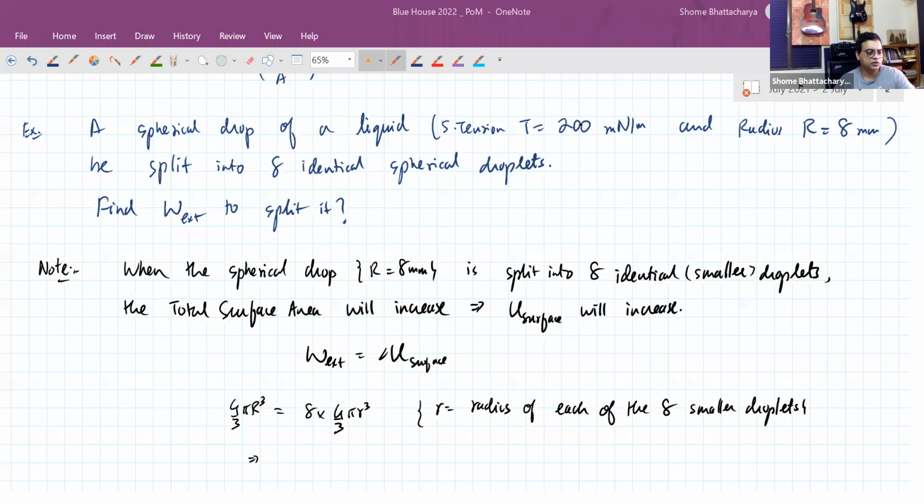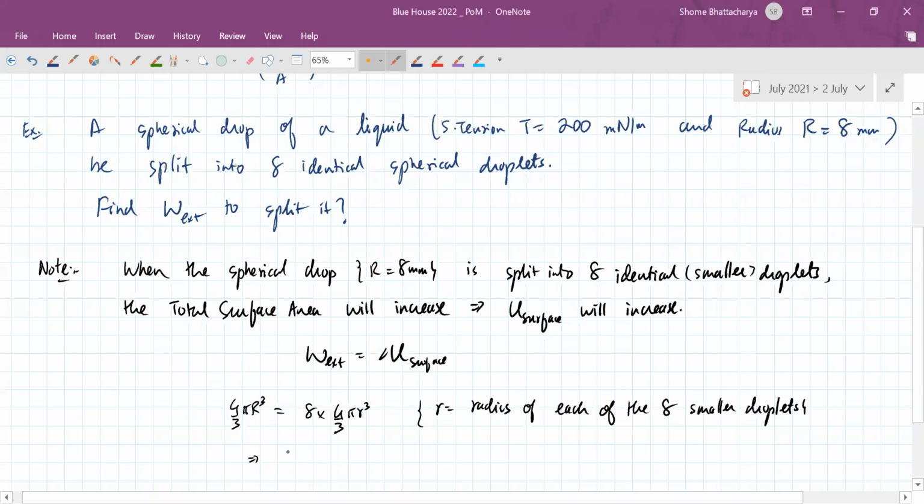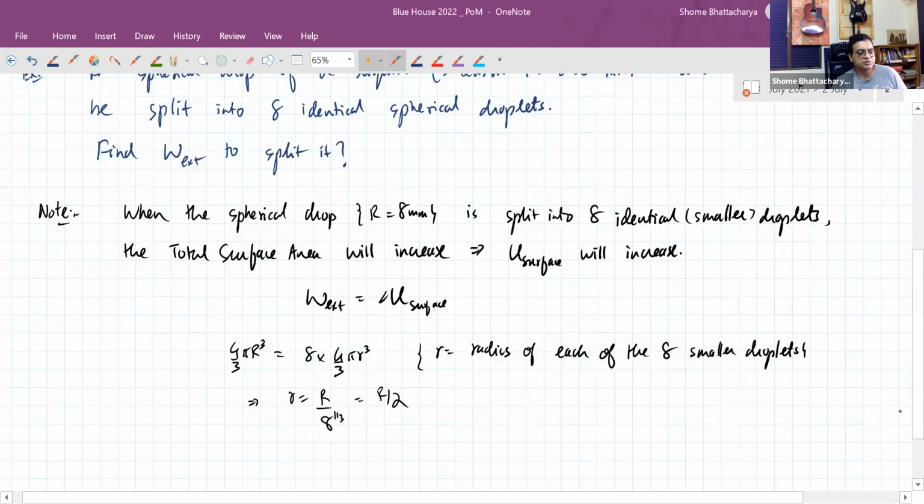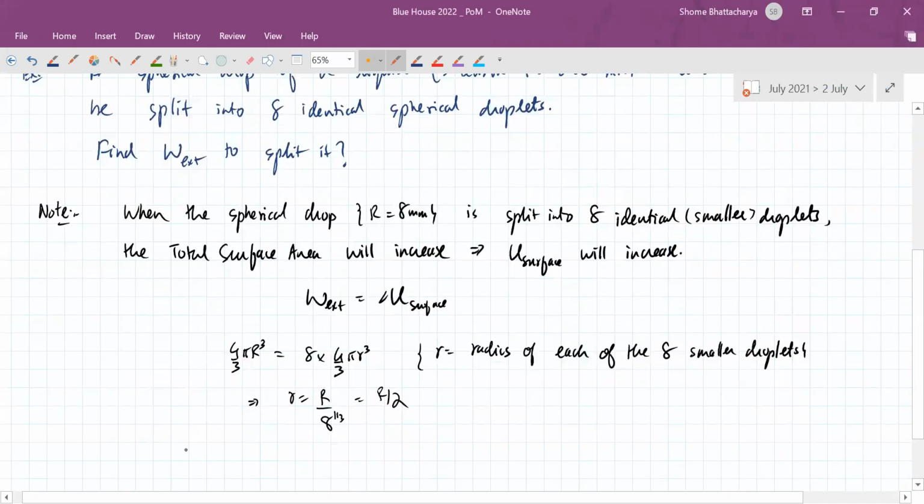So the original volume of the single droplet on the left hand side is equal to the total volume of the 8 identical droplets of radius small r each on the right hand side. From this you can see that small r is equal to capital R divided by 8 to the power 1 by 3, so R by 2. Each one's radius has become halved, but the total surface area, okay.